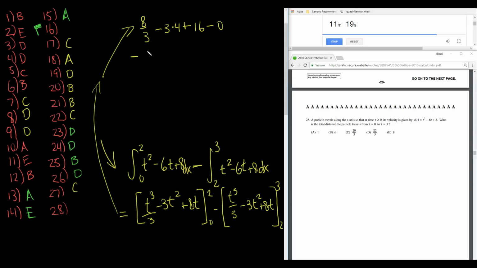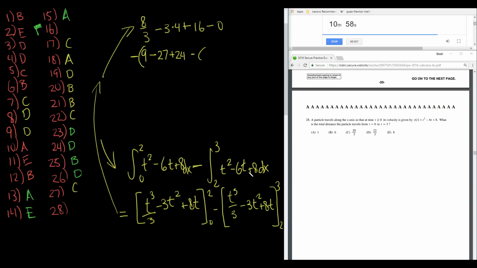So we get t cubed is now 3 cubed is 27 divided by 3, which is just 9, minus 3t squared, which is actually 27, plus 8t is 24, right? Yes, okay. Minus the value at 2.